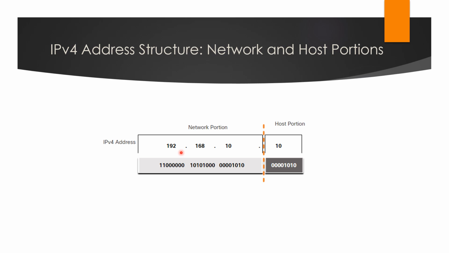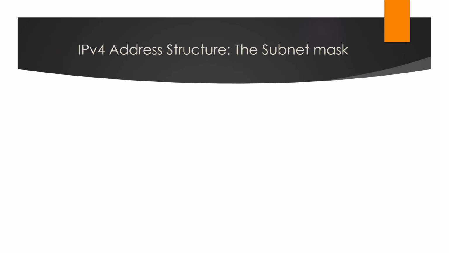The question is, how do the hosts know which portion of the 32 bits identifies the network and which identifies the host? To solve this, we will need to know about the subnet mask. Assigning an IPv4 address to a host requires the IPv4 address, that is the unique IPv4 address of the host, and a subnet mask that is used to identify the network and host portion of the IPv4 address.